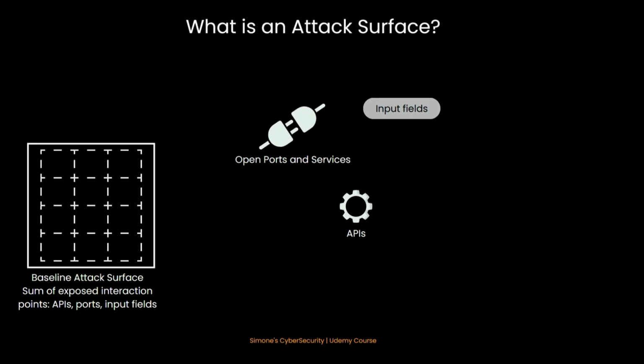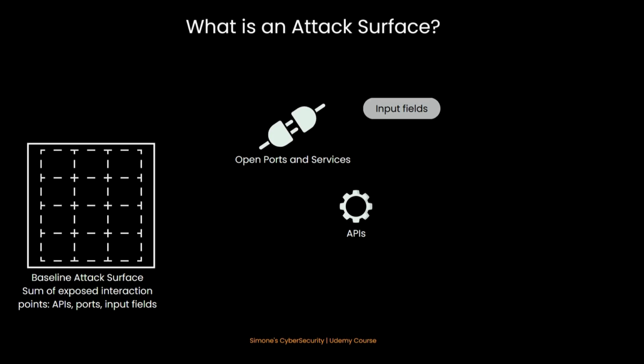So every time we expose a system to the outside world, whether it's through a network service, a web interface, or an API, we are essentially adding a door or window that could be probed, exploited, or misused. This basic set of exposed elements is what we call the baseline attack surface.